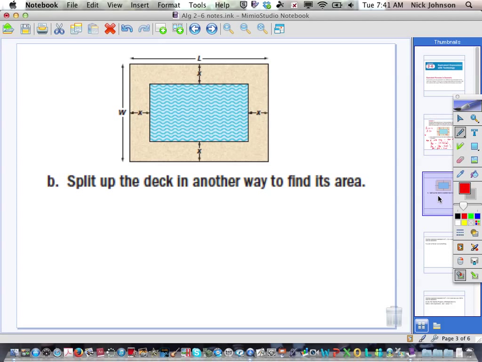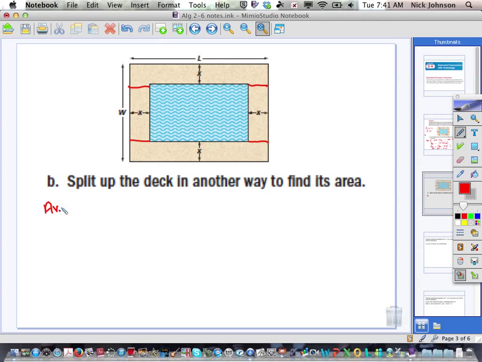Split up the deck in another way to find its area. Okay? So I'm going to make my 4 rectangles this way. Got my 4 rectangles. So once again, I'm going to do the same thing.